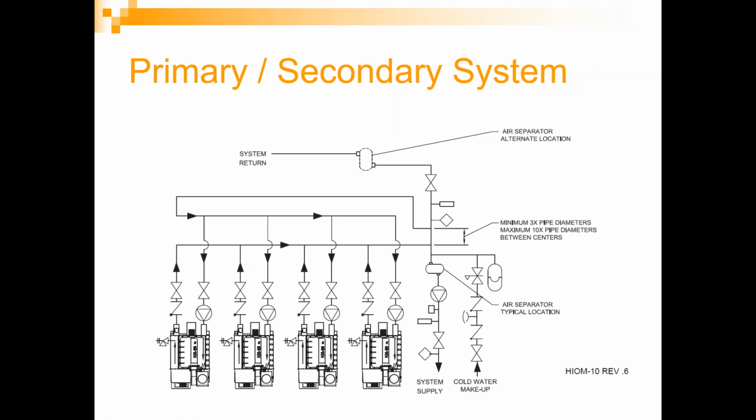This is a primary secondary type of system. Now we're talking about our lower mass boilers like our thin tube type units, or even some like the Riello Array. We really want to look at what's called a primary secondary type piping configuration. Now with a primary secondary configuration, you don't have a primary valve on each of the boilers, but again, we still have our reverse return type piping so that you get balanced flow through each one of the boilers.